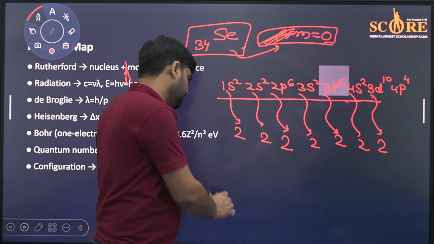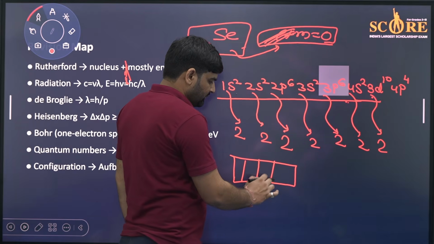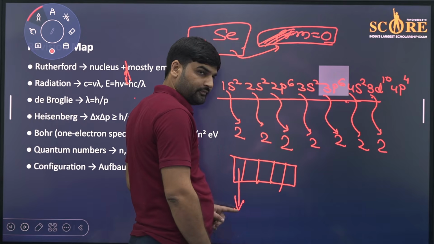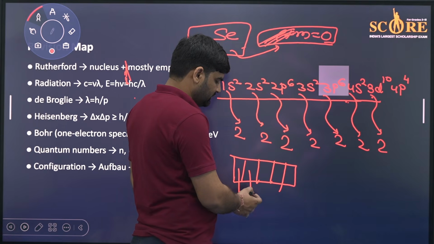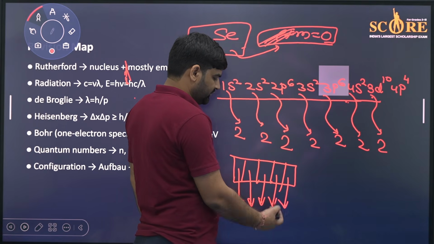Because in d there are 5 orbitals which have M equals -2, +2, +1, -1, 0.